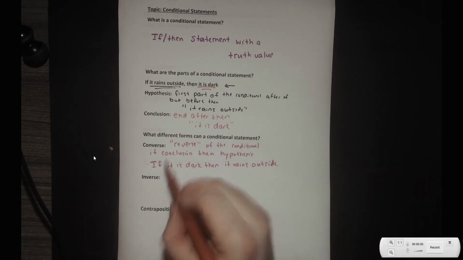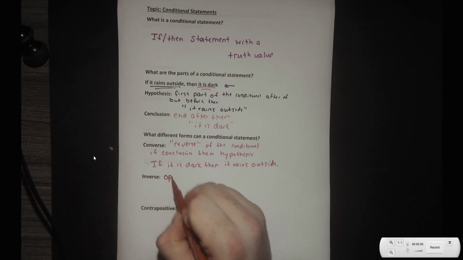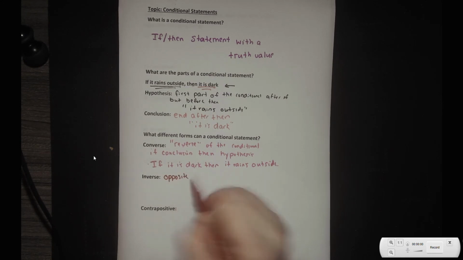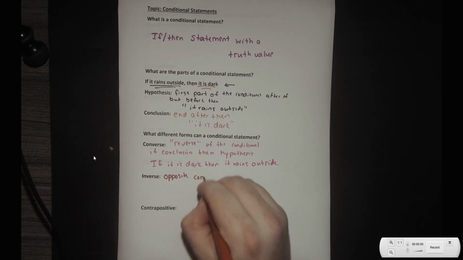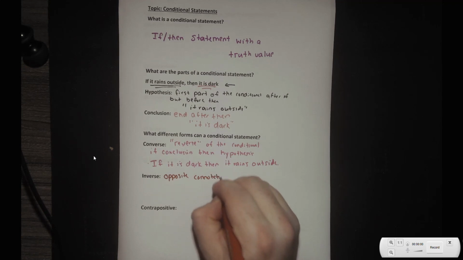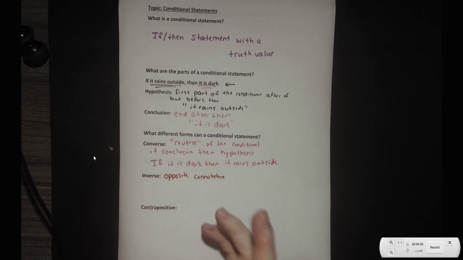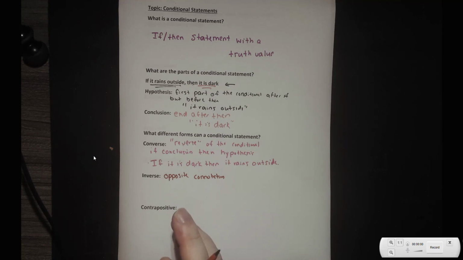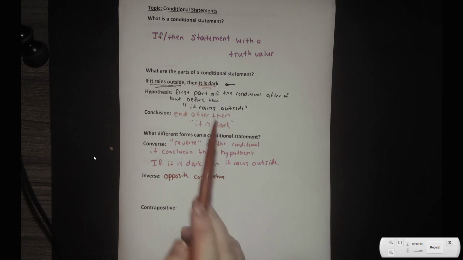Inverse is the opposite connotation. So essentially we're going to reverse based on the connotation of what it says. If it's positive, it becomes negative. If it's negative, it becomes positive. We have the hypothesis, it rains outside.